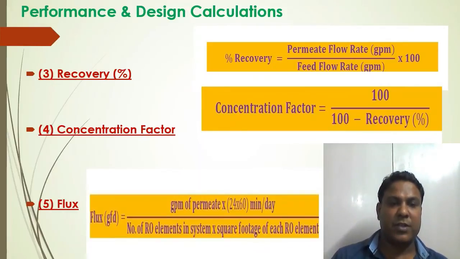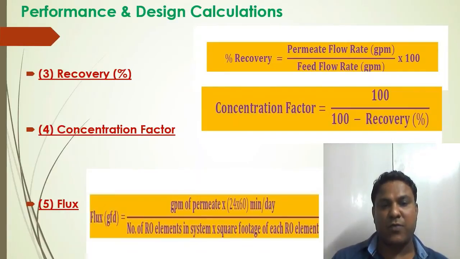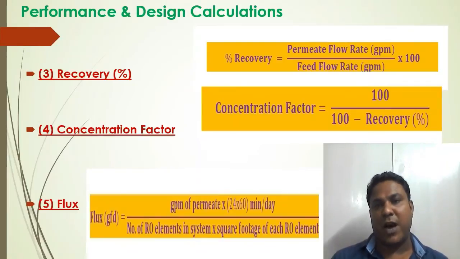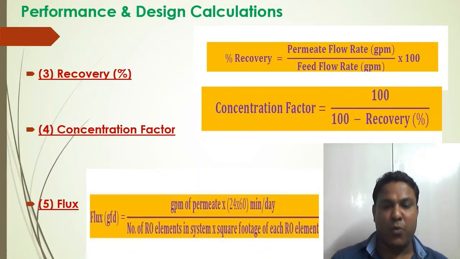Another equation that influences the performance of an RO membrane is the concentration factor. The concentration factor is related to the RO system recovery and is an important equation for RO system design. The more water is recovered as permeate, the more concentrated the salts and contaminants become in the concentrate stream.